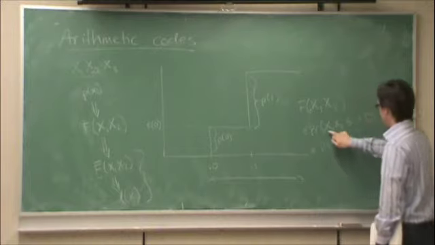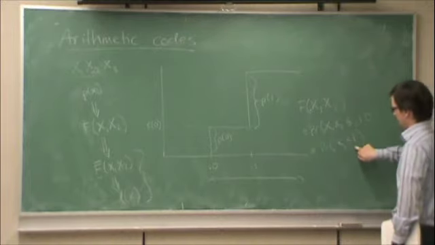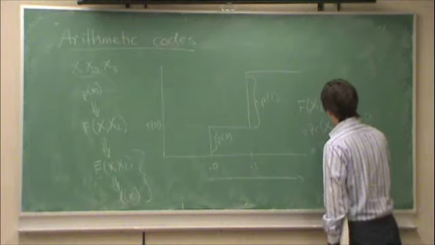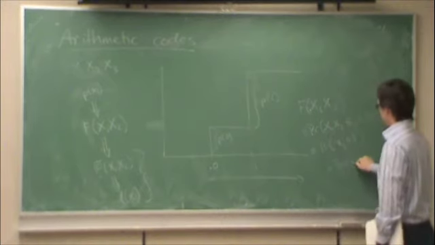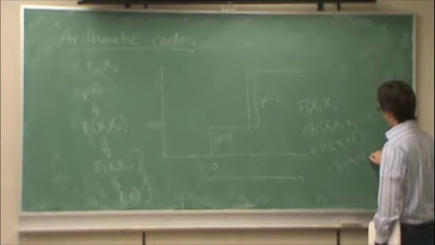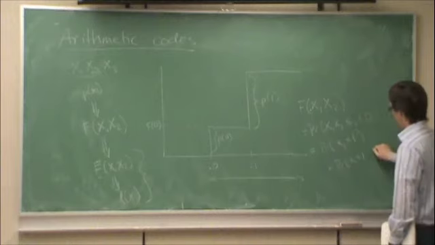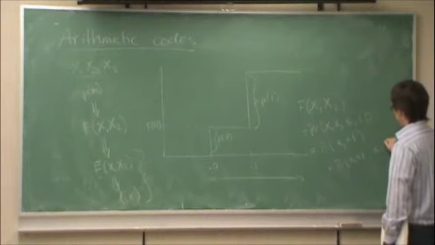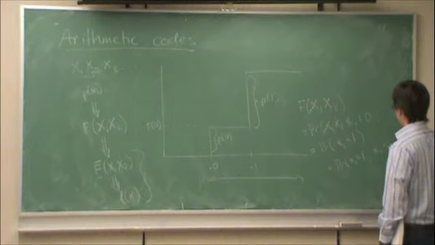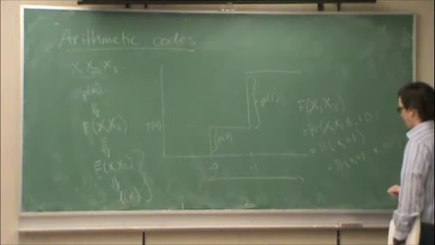So that's the probability x1 is less than 1, or the probability that x1 is equal to 1 and x2 is less than or equal to 0.